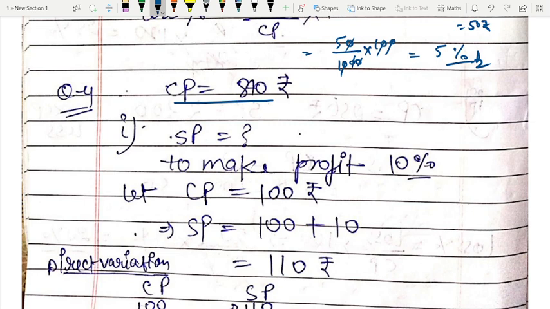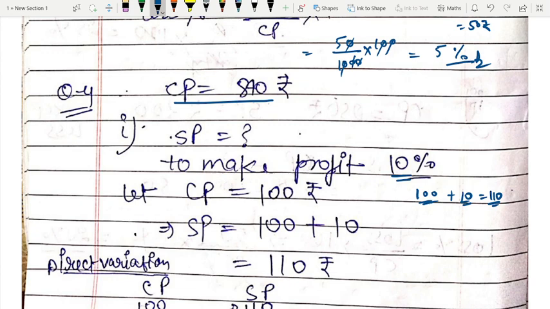Since the profit is 10%, what will we do in such a question? The profit will be calculated on the cost price. We can say that if the cost price is 100, then the total amount after profit will be 100 plus 10, so 110.